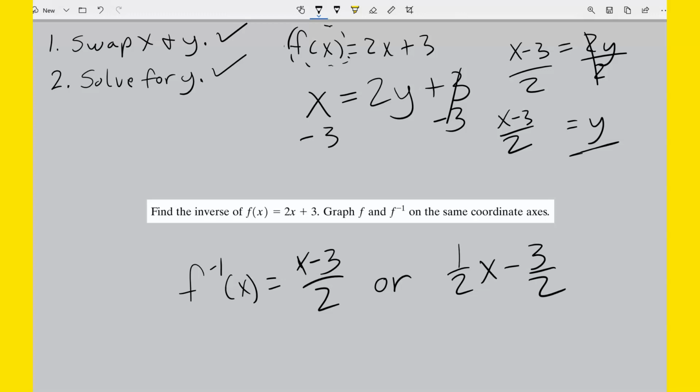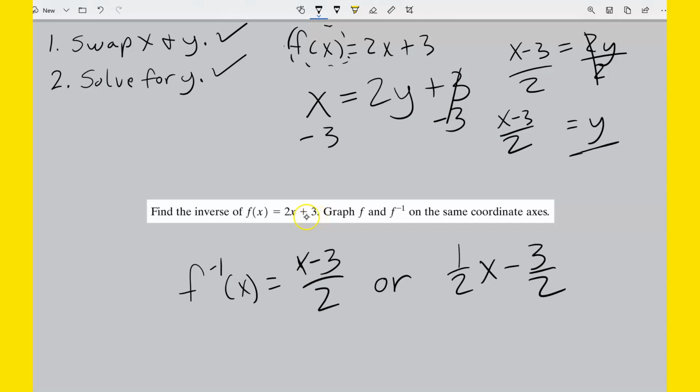Now you might also be able to think through that logically and get the same thing. You might say to yourself, well, if this original function, when you put x into it, the first thing that happens is it multiplies it by 2. The second thing that happens is it adds 3. So if I want to reverse that process, I've got to walk backwards from the way I came.